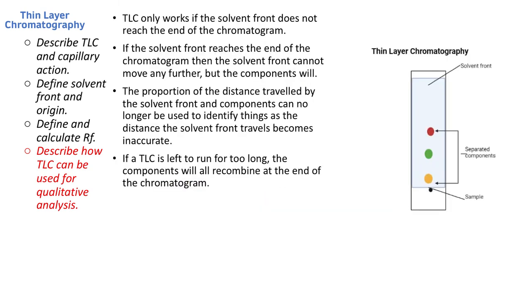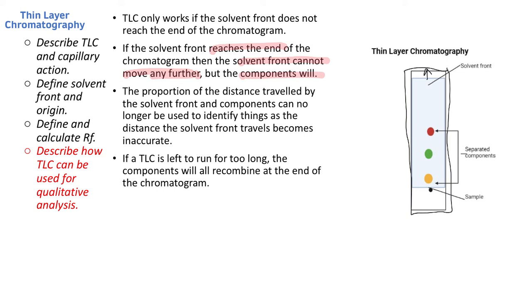Finally, the idea is that TLC only works if the solvent front does not reach the end of the chromatogram. The chromatogram is the actual piece of thin layer, right? Your solvent front can't reach the end here, because if it does, the solvent front can no longer move up any further, but the components will continue to travel.